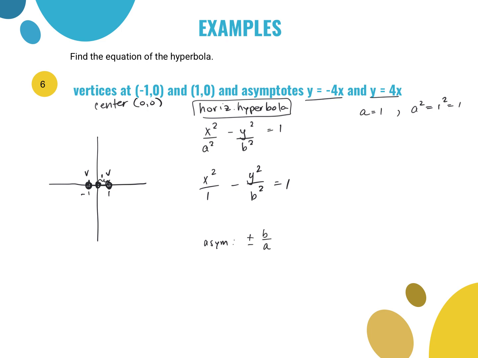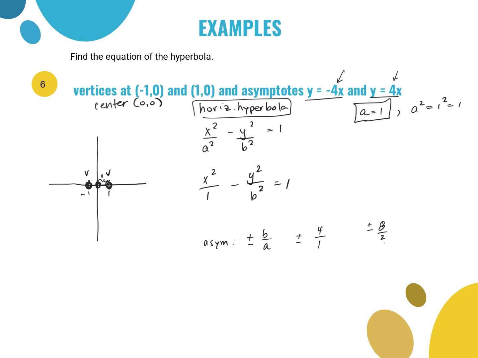Now, if this is plus or minus 4 over 1, I know your instinct is to assume, oh, b is 4 and a is 1. And in this case it is, because we do know that a is 1. But it might have been 8 over 2, which also is 4 over 1. And in this case, b would be 8 and a would be 2.